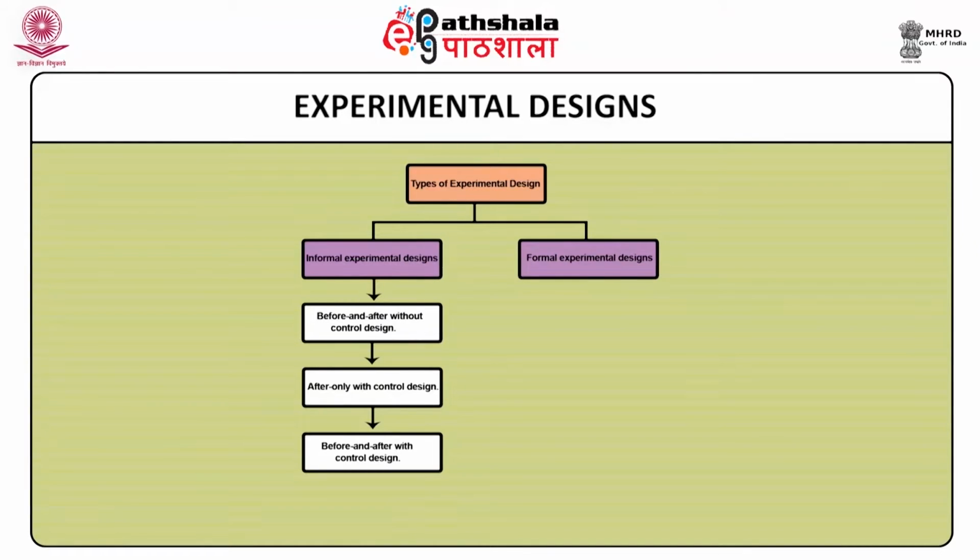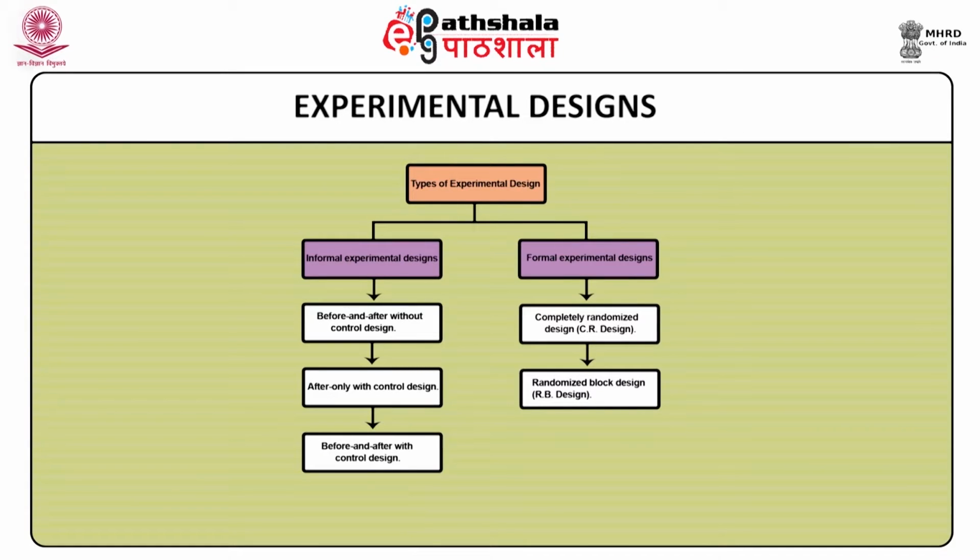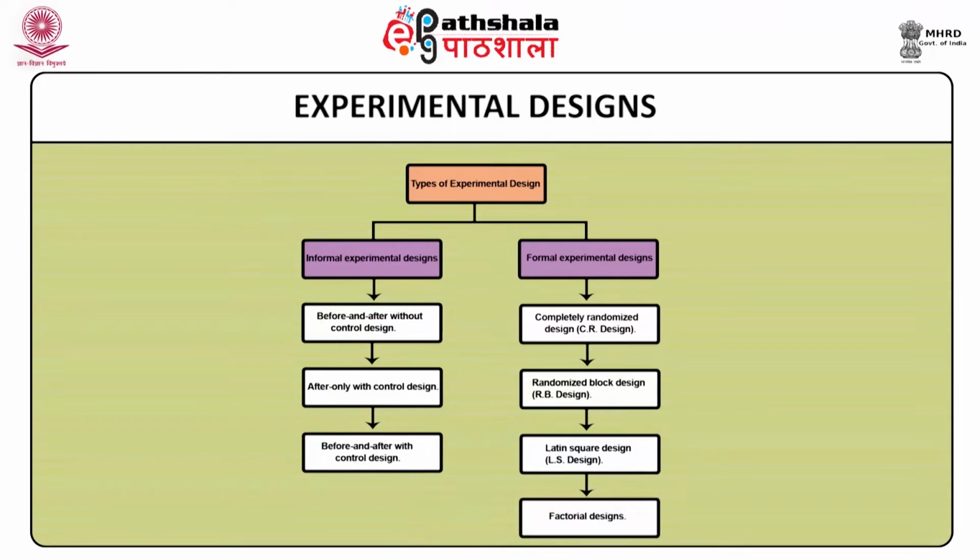The formal experimental design is divided into four classes. One is the completely randomized design. Two, the randomized block design. Three, the Latin square design. And four, the factorial design.